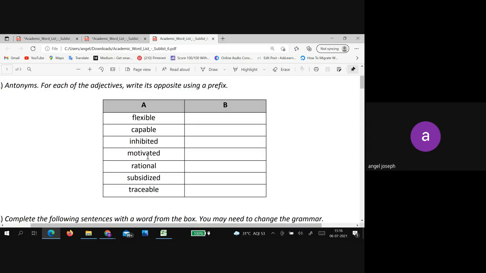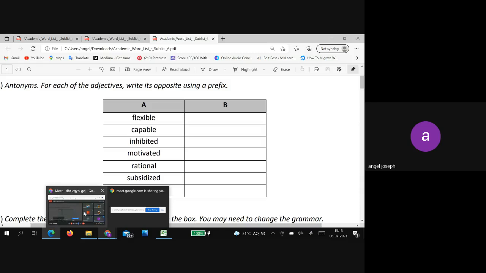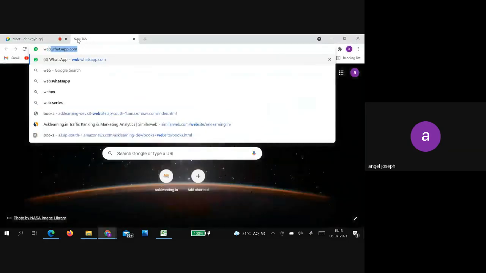Okay, I think that is correct. I have the sublist. Guys, one second. Give me a tiny bit. Let me just put my WhatsApp here. I've got that there.